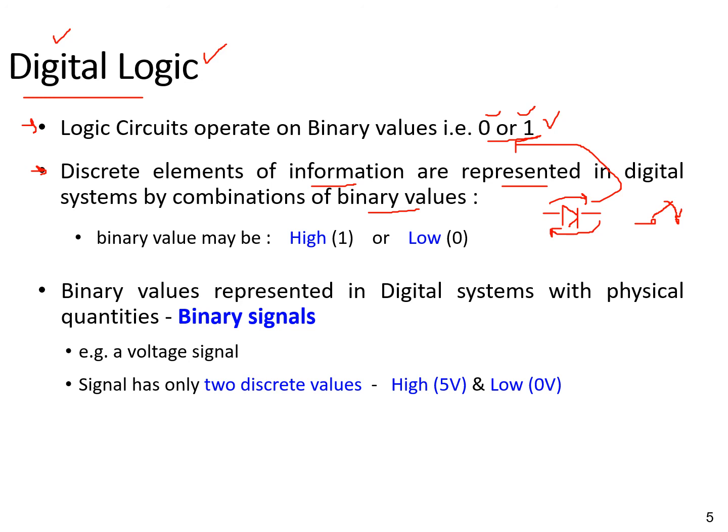Those two states may be represented by binary values, zero and one. There are many electronic devices that can be configured in two states. So if we have to take the job of logic operation from electronic components and circuits, we have to configure those circuits into two states.